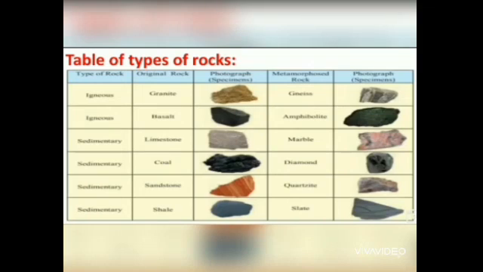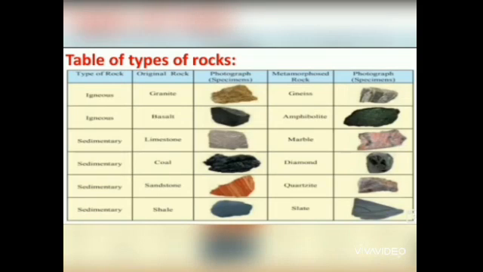The table on page 42 in your textbook shows you the different types of rock, the original form, and a photograph specimen is also given.